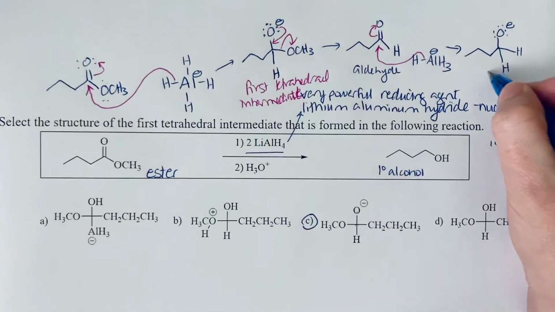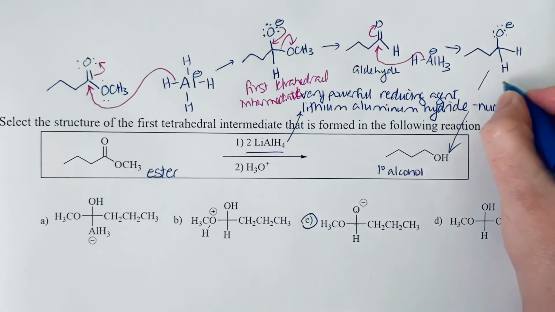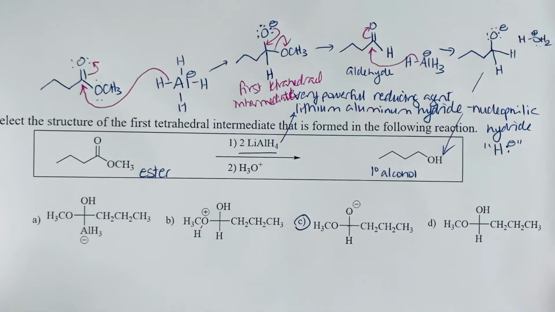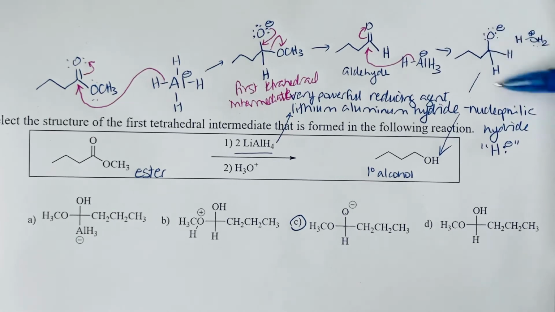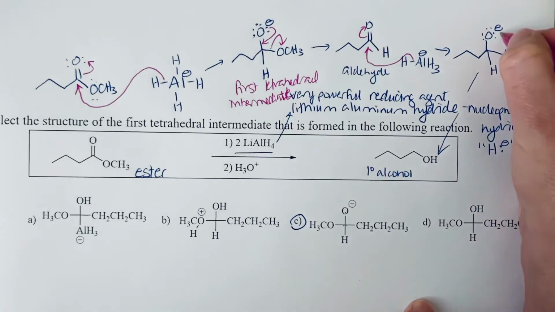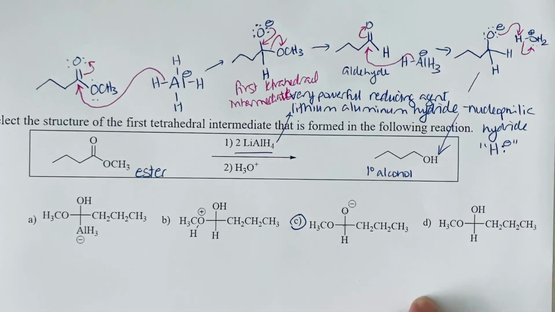To get to the primary alcohol from here, we add an acid and protonate that. We know that nothing further happens before we add the acid, because in this tetrahedral intermediate you don't have a good leaving group. You're not going to kick off a carbon or a hydrogen with a negative charge. So this will just sit in solution until you have added the aqueous acid in the workup step. We can protonate that, and that would give you your primary alcohol.